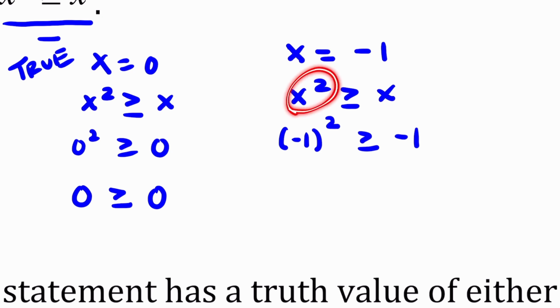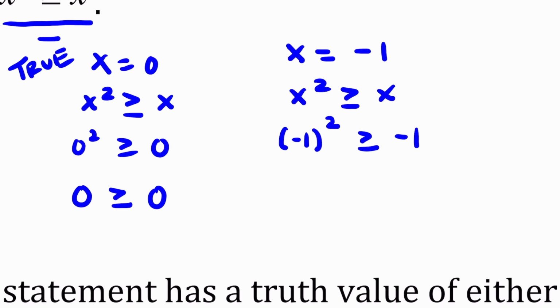Now, if you have something like this and you're replacing x with -1, you need to make sure you put the parentheses whenever you're replacing. I didn't have to put parentheses for that x because it wouldn't change anything. But in this case, it will. And you're going to have to believe me on this one.